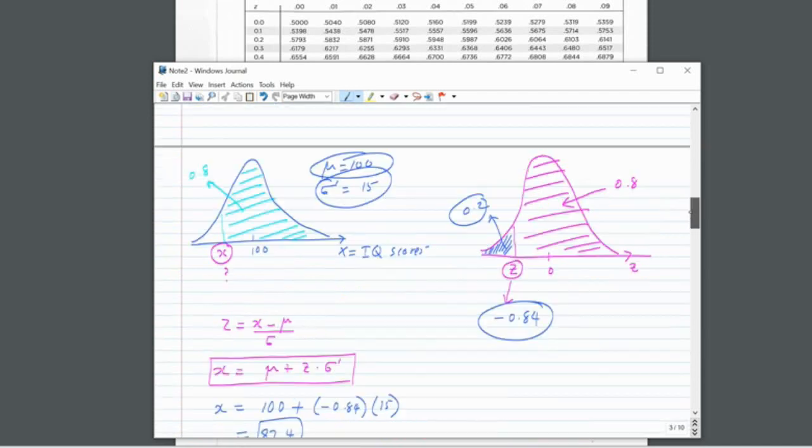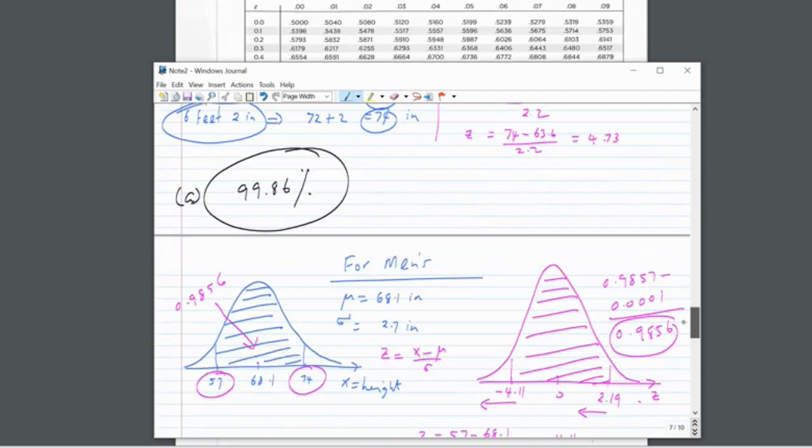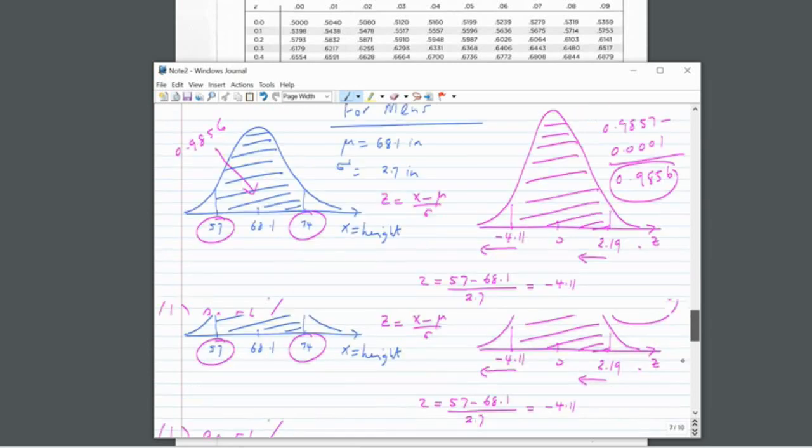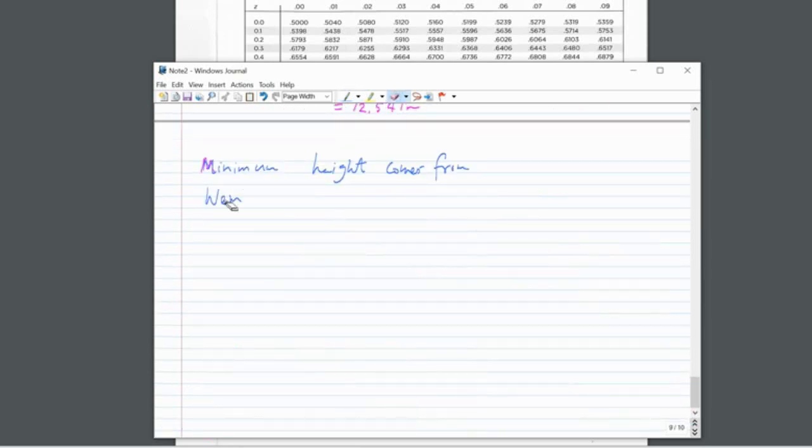For the women's height distribution, we will use that normal distribution to find out that minimum height requirement.